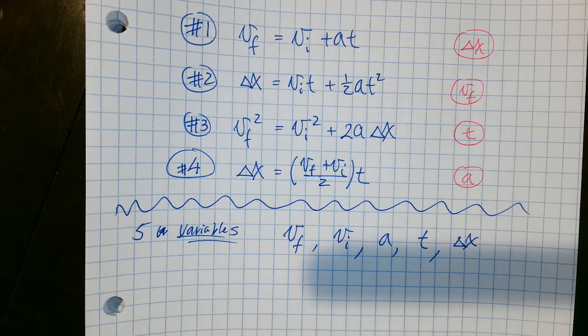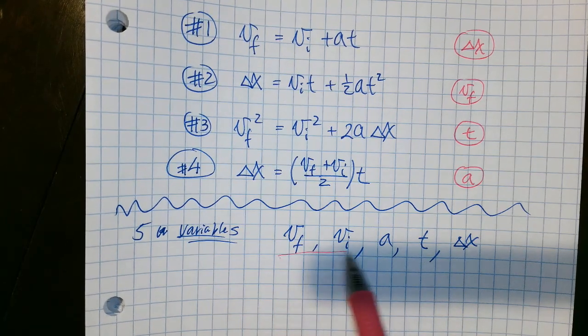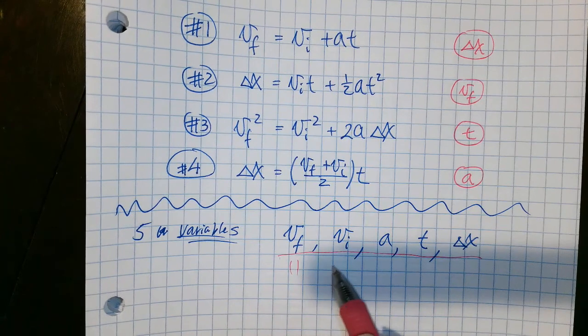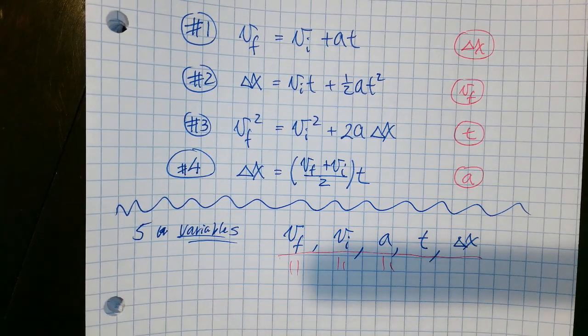Then, third, write down all the givens. If there's one object traveling, just write down all the given variables for that object. Write down these 5 variables, and then whatever's given to you, write down the actual numbers next to those variables.